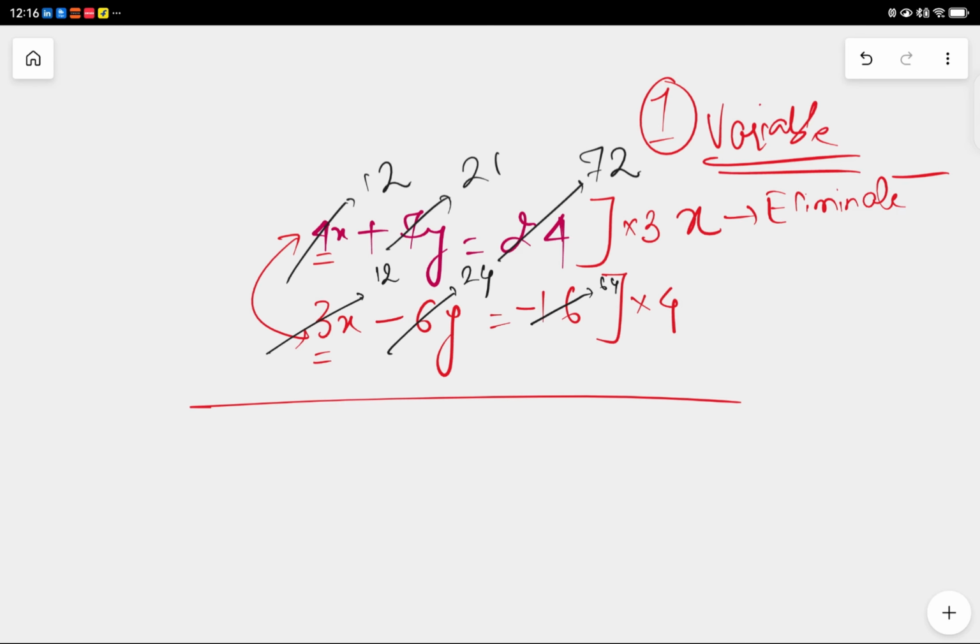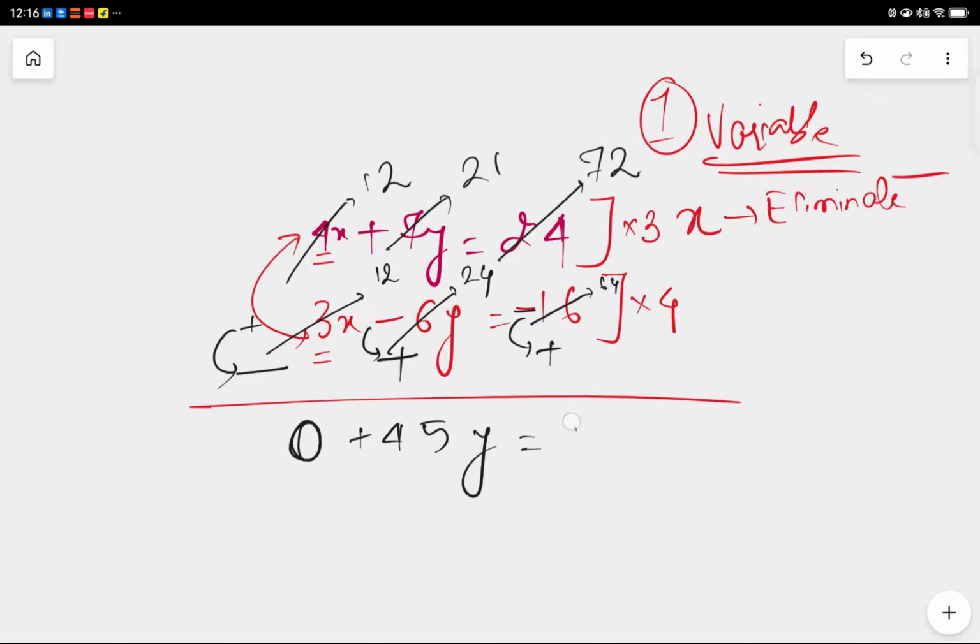So 12x minus 12x is 0, eliminated. You see 21y and 24y. When you subtract, the signs change: minus becomes plus, plus becomes minus. So 21y plus 24y becomes 45y.